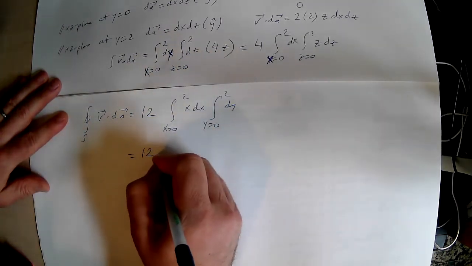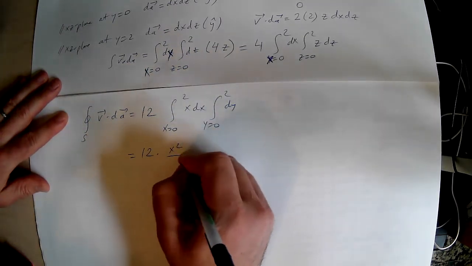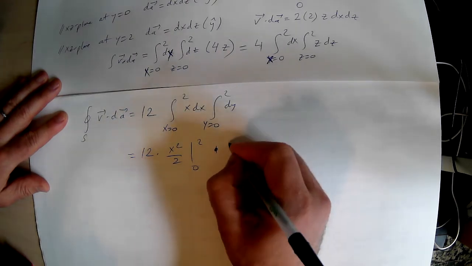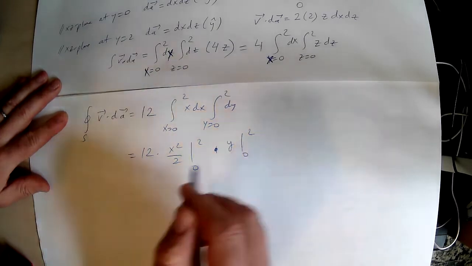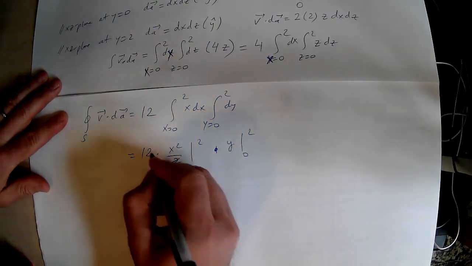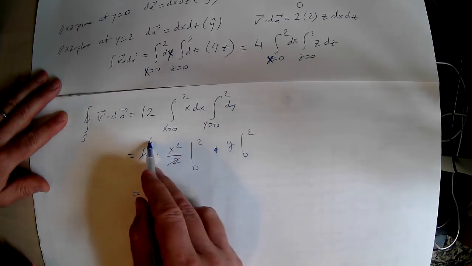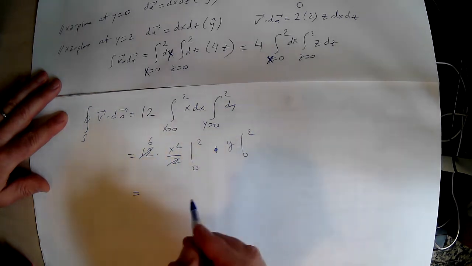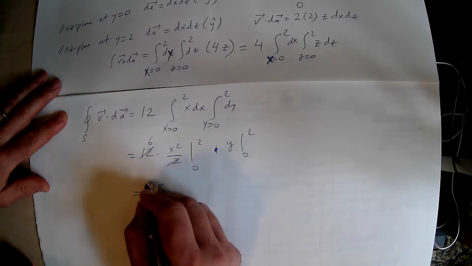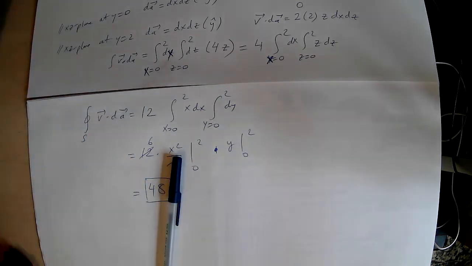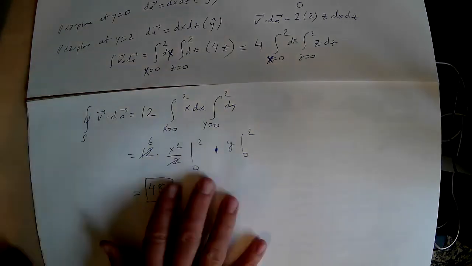This is 12 times x squared over 2, evaluated at 0 and 2, times y evaluated from 0 to 2. Well, this is 6, 2 squared is 4, 24, 24 times 2, 48. All right, this is 48.